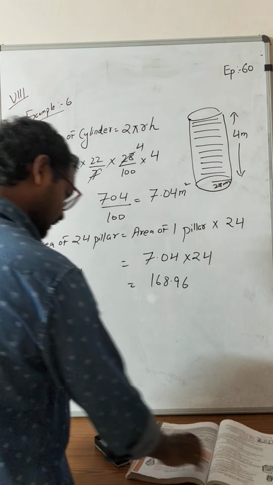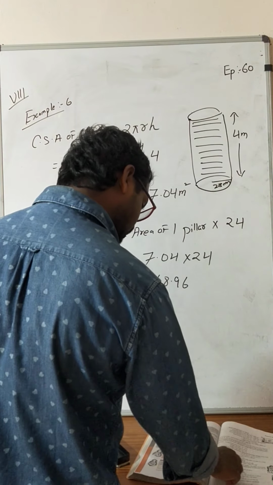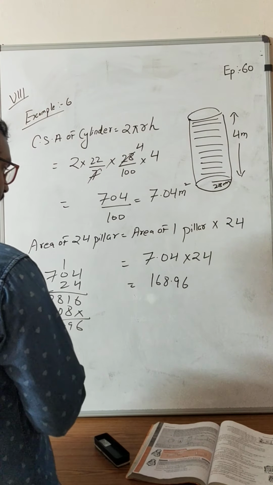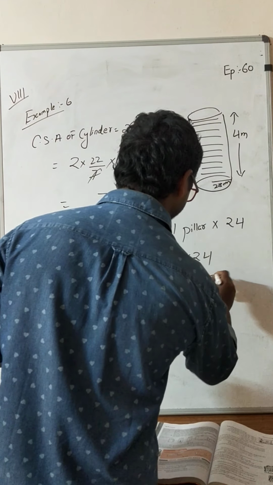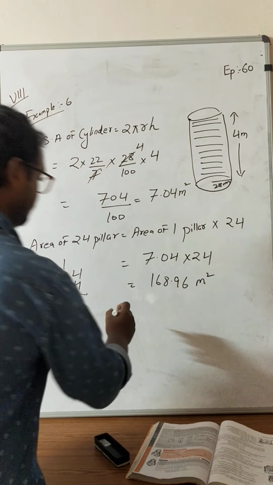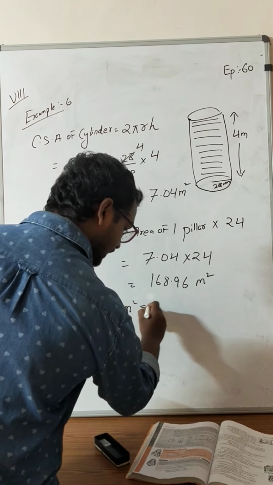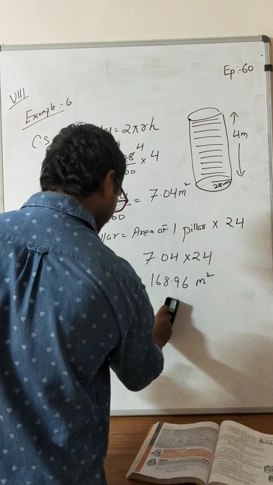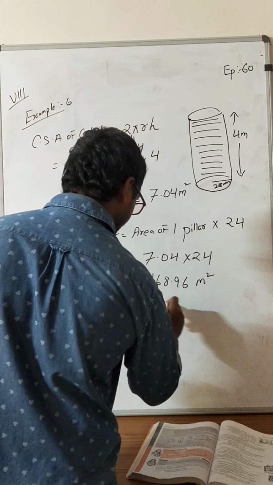Now, find the cost of painting the curved surface area of all pillars at the rate of 8 per meter square. So this is the total area. For 1 meter square, the cost is 8 rupees.